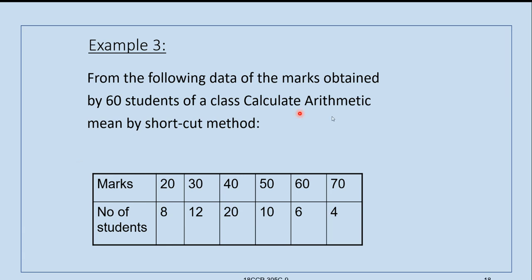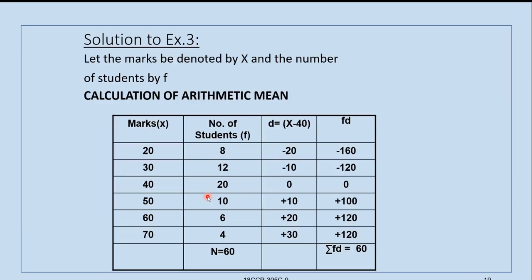Now here also we can observe the value is somewhere around 40 and 50 because this is the central point. The value will be more or less around 40 only because it is almost the central value. Of course, that depends on the frequency that we will see in the solution.